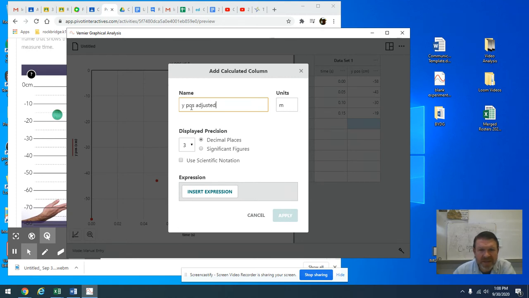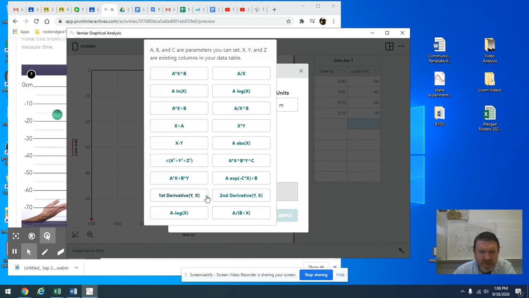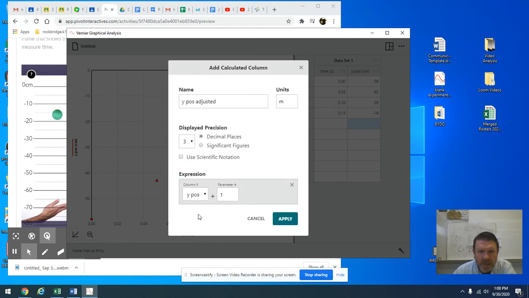All right. I can't call it Y position because that's already taken. So you've got to call it something else. Insert expression. So what do we want to do here? What I want to do is add Y position. I want to add to that 58 so that this will become 0 plus 58.